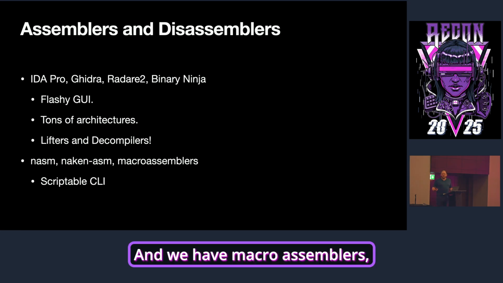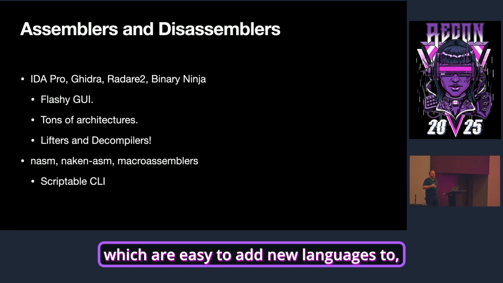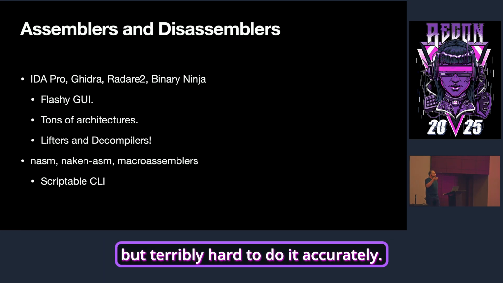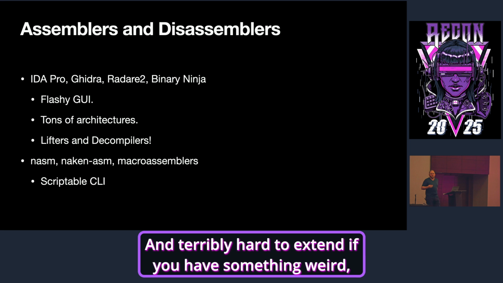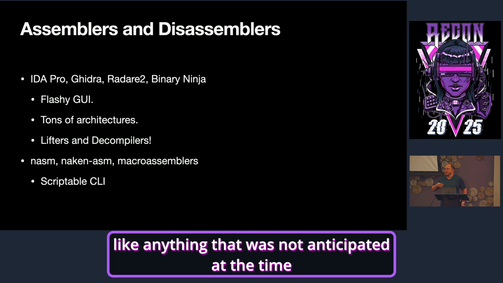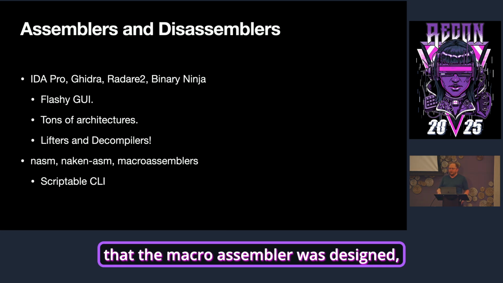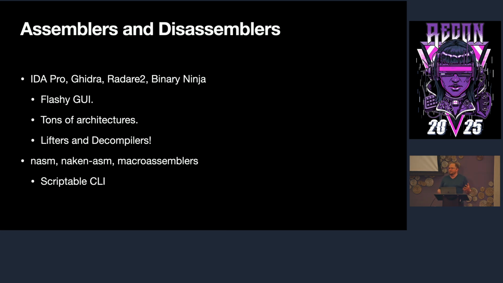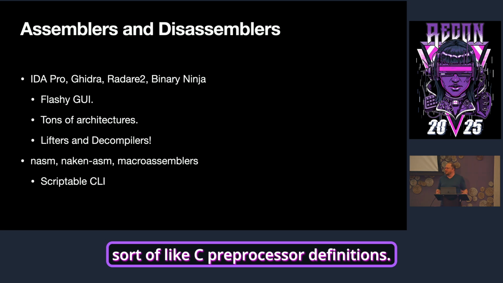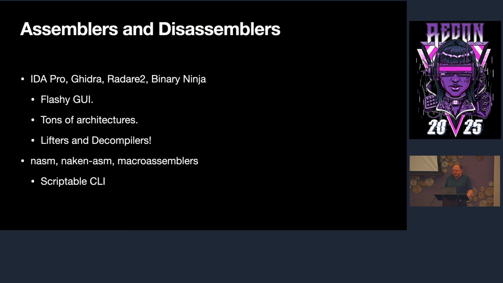And we have macro assemblers, which are easy to add new languages to, but terribly hard to do it accurately. And terribly hard to extend if you have something weird, like anything that was not anticipated at the time that the macro assembler was designed, because these are working by sort of like C preprocessor definitions.